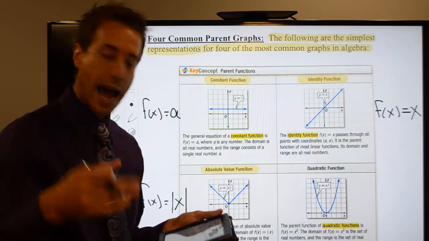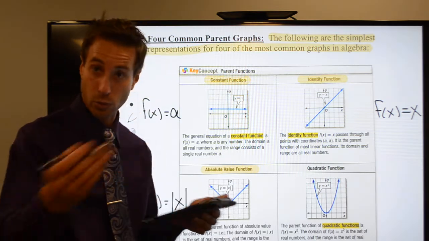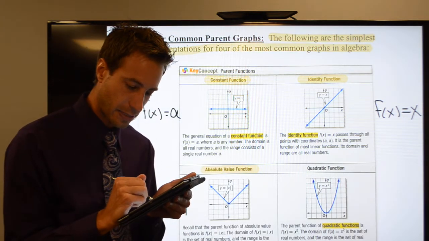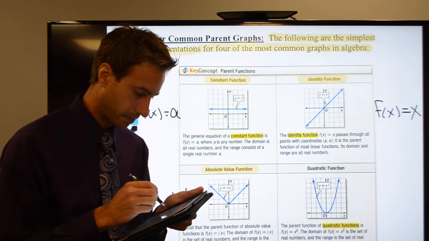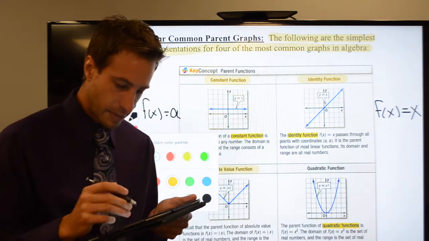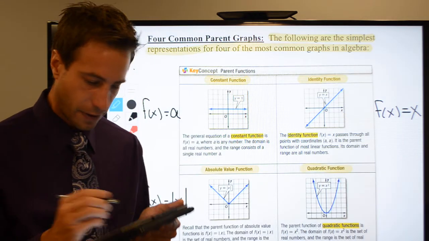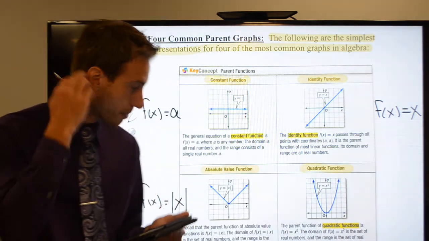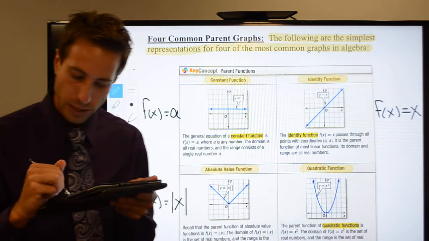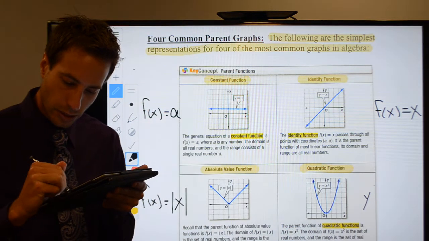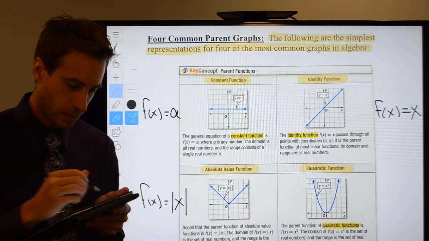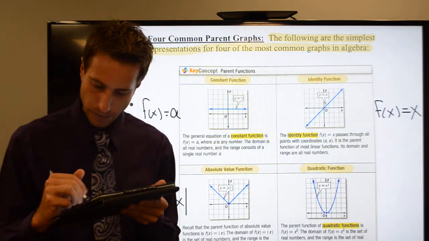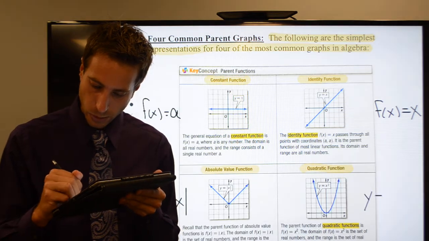The one that we're adding here that we haven't looked at yet is the quadratic function. You can read it in the definition, but this one is y equals x squared.